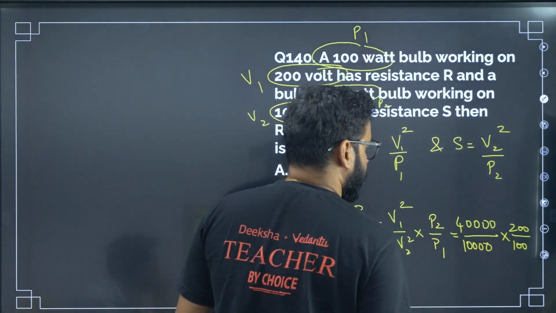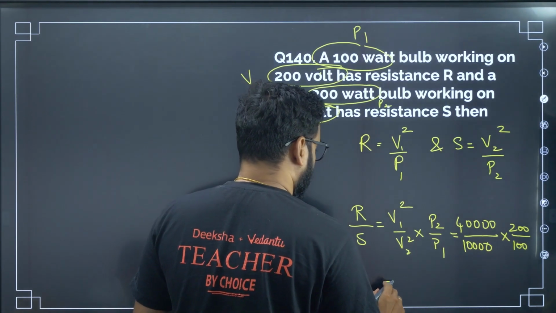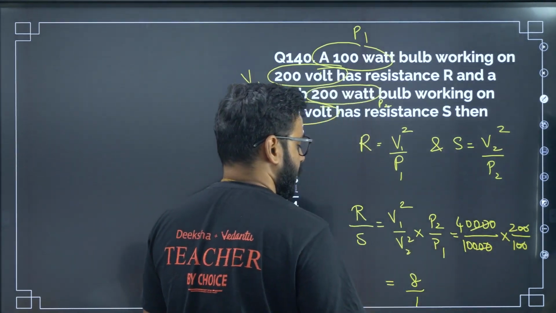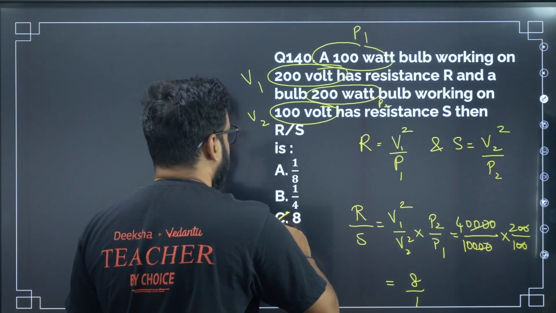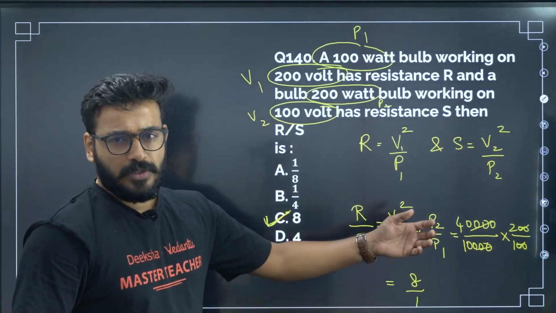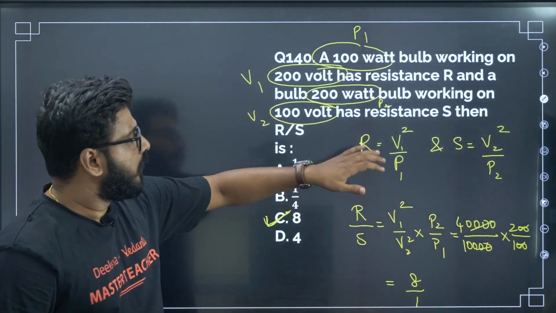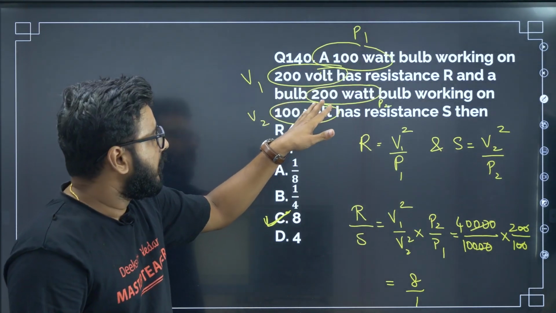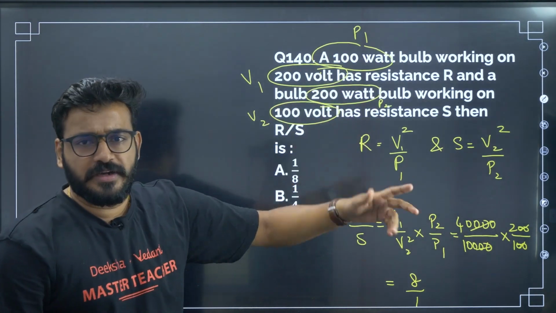Just take everything and ultimately you will get 8:1. So the correct answer is option C, 8. All right, this is a very simple question. You have 100 watt at 200 volt, 200 watt at 100 volt, two different conditions.